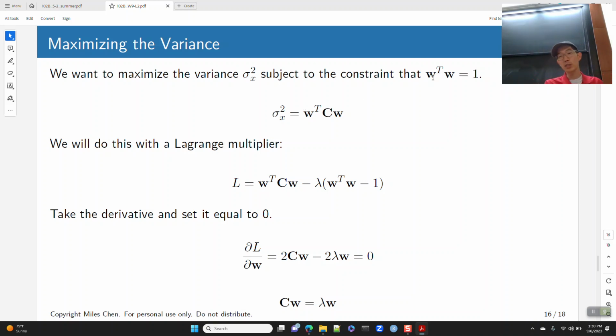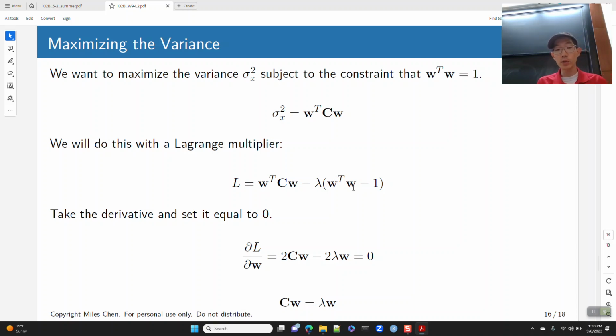So we have this constraint that w has to have a length of 1. How do we maximize something subject to a constraint? We're going to use a Lagrange multiplier. This is the quantity that we want to maximize, and we're going to subtract off lambda times our constraint, w transpose w minus 1, which has to equal 0.